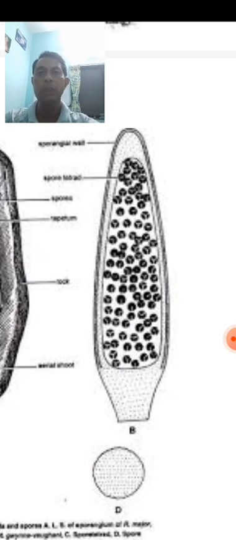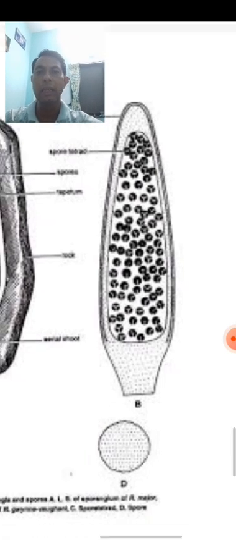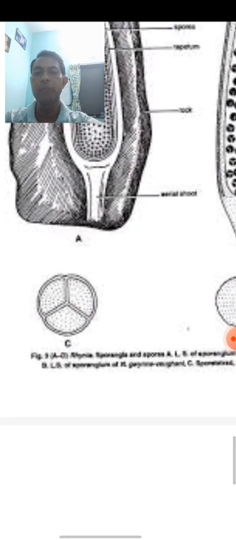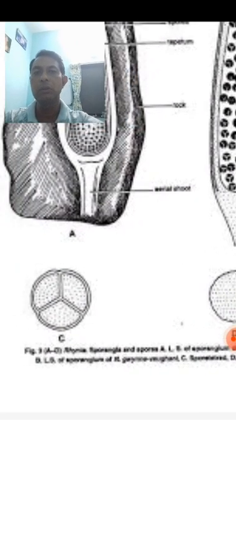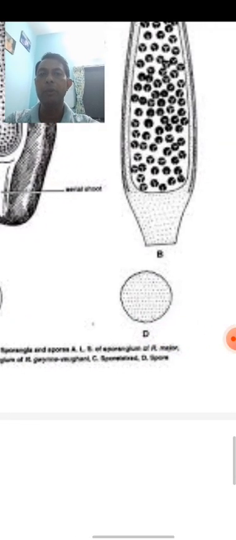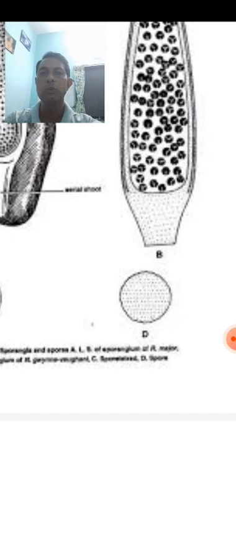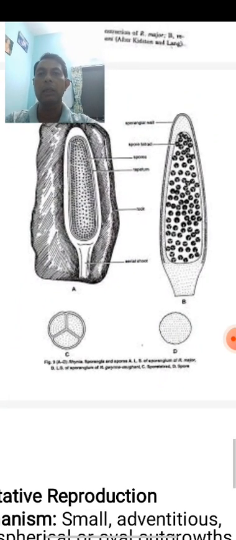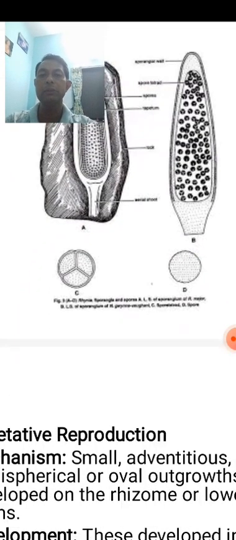Inside it, the spore tetrads are shown as black structures, and the detailed spore structure is given. The spores look like this tetrad, and later the spore tetrad develops into single spores. So this is the total sporangial structure as shown in the figure. Here C is the spore tetrad and D is the spores.